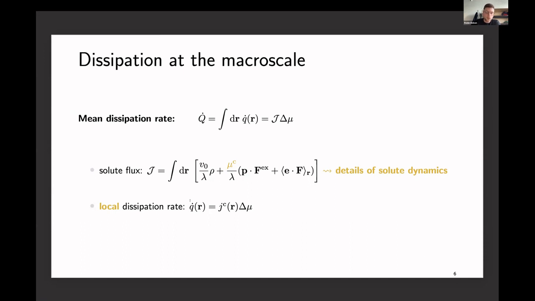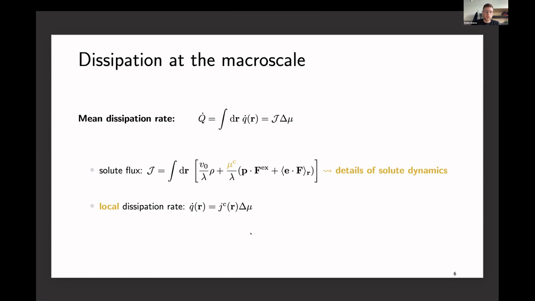And this gives you a position resolved dissipation rate field, which can give you a lot of information about your system, especially how the dissipation reacts to local features. So think, for example, about some kind of confinement or some kind of obstacle. So what this can tell you is now how the system's dissipation reacts to this confinement or this obstacle.